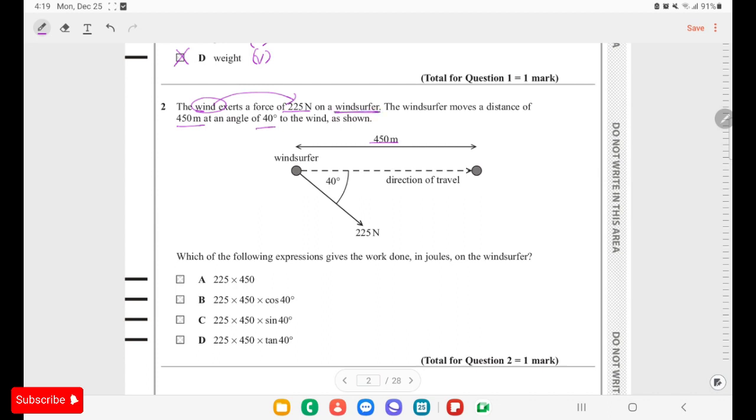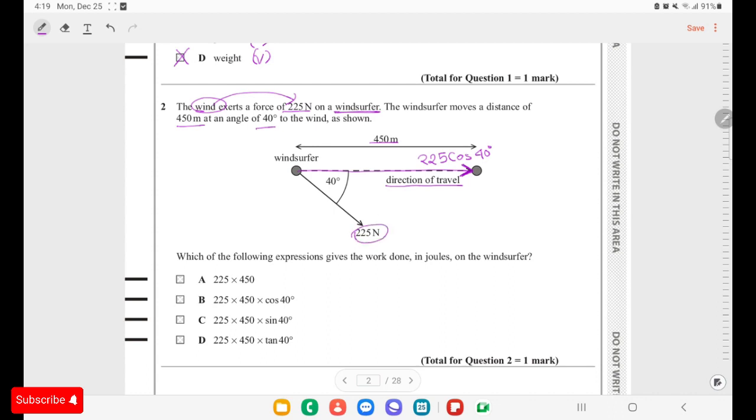Because this force is not acting perpendicular or parallel to the direction of travel of the windsurfer, only a component of it will do work, because even after 225 Newton is exerted on the windsurfer, it continues to travel along this way, which means the overall direction of travel is over here. So you're supposed to find the force that acts along this plane, which is 225 cos 40, the horizontal component of the force exerted by the wind.